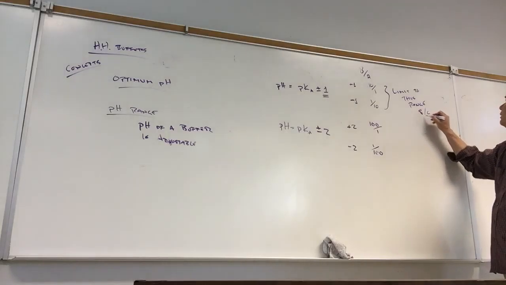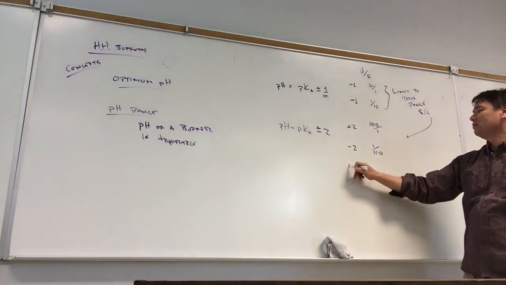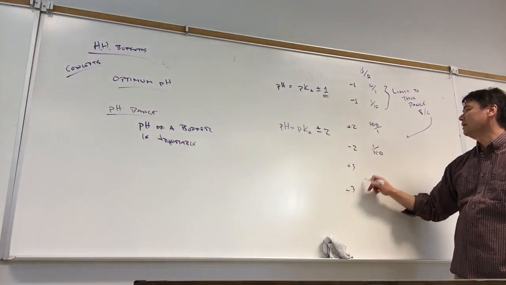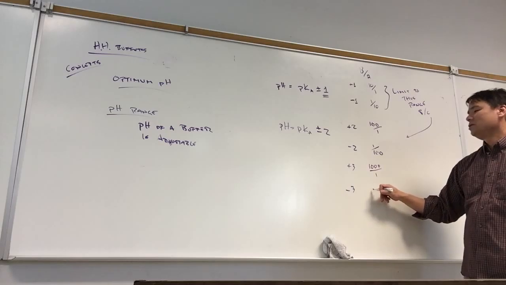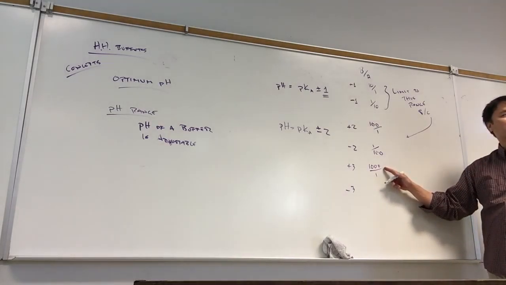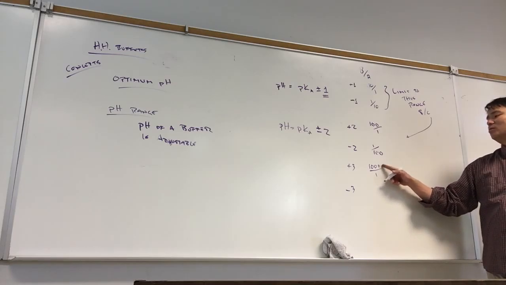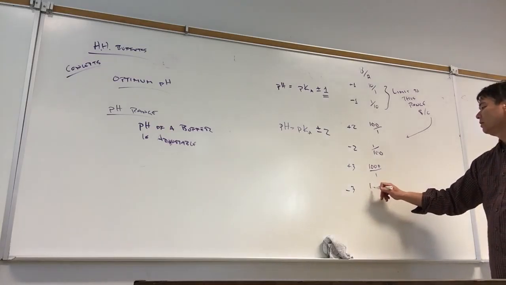Because if we go outside that range, let's say +3, -3, we're looking at 1,000 to 1. And you certainly aren't going to make a 1,000 molar solution. It's not going to happen. And so if we make this one 1 molar, then this is going to be 1/1000th of a molar, which is nothing. 1/1000th of a molar.